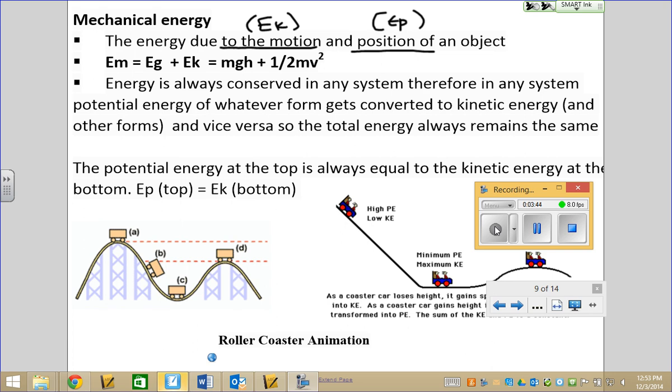So far, our examples have only been an object that is moving or an object that is above the surface of the Earth, but never both. And so in the next set of examples, we'll talk about things that are doing both.